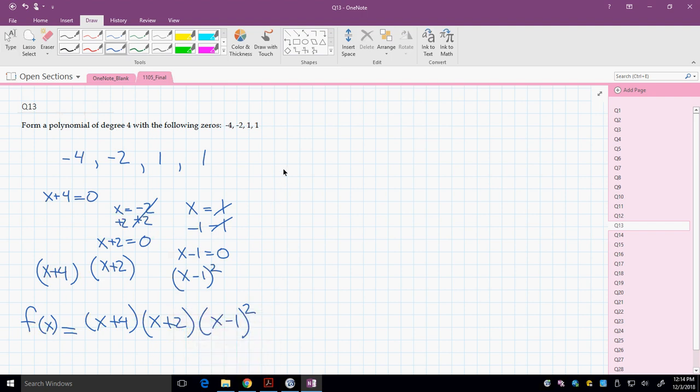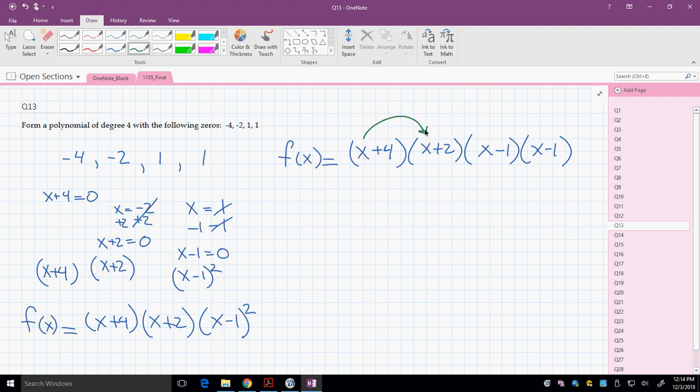I'm going to start by doing the double parentheses. The one is double, x plus 4, and here I have x plus 2, and then I'm going to write my x minus 1, x minus 1, and I need to start distributing.